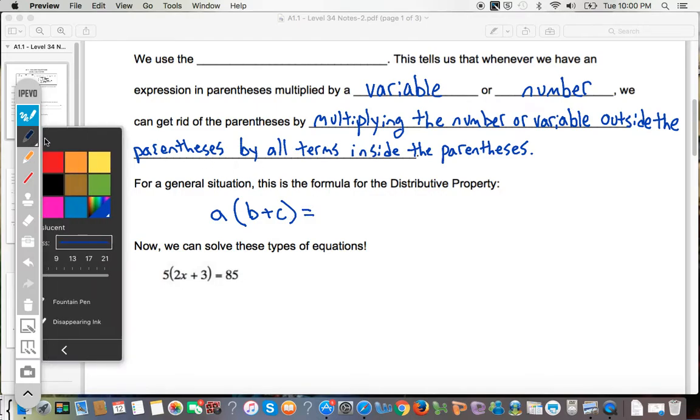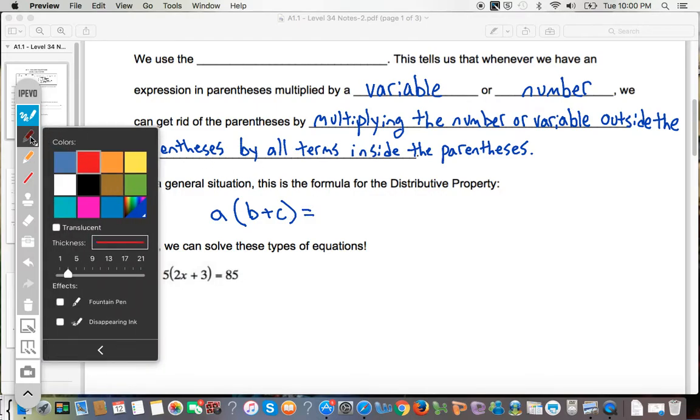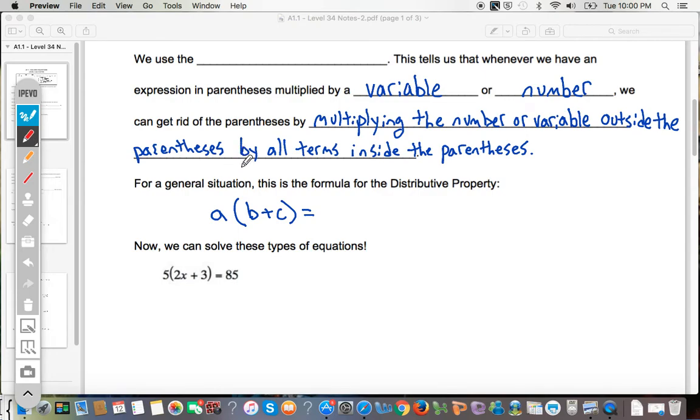Okay, so let me change my color here. So let's go back up here. Multiplying the number or variable outside the parentheses. So my variable or number outside the parentheses in this general situation is A. We all see that? And we're multiplying it by all terms inside the parentheses.